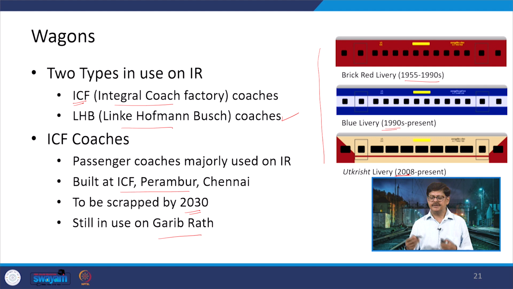So, there are different color codes used to identify that these coaches started at different points of time. But as defined here, we are going to scrap the ICF coaches by 2030 and finally shift to the LHB type of coaches.